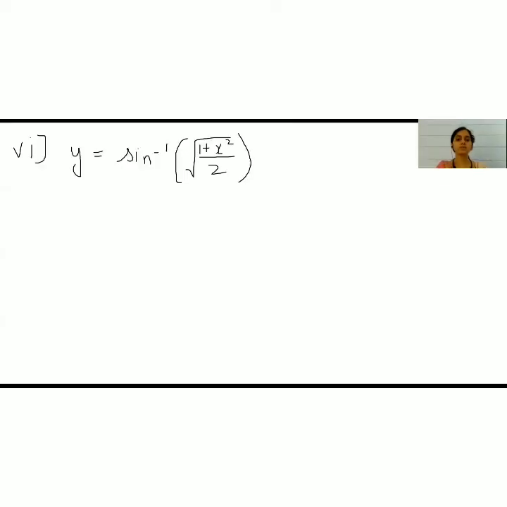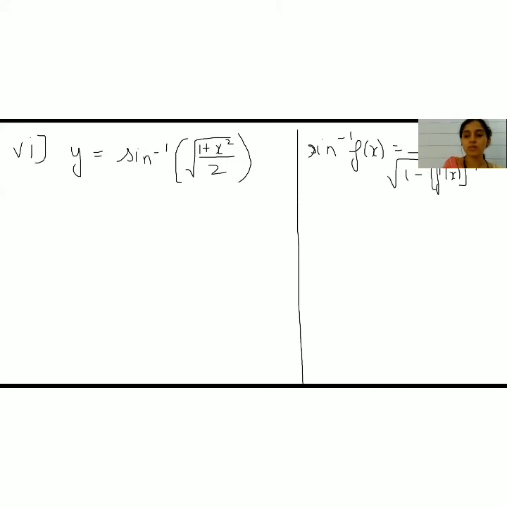What we need to know is the sine inverse function. So sine inverse f of x, what is its derivative? It is equal to 1 upon root of 1 minus f of x the whole square, multiplied by f dash of x. This is what we'll use over here.